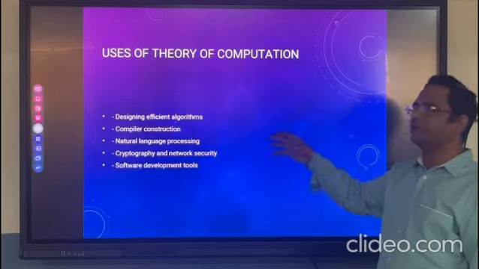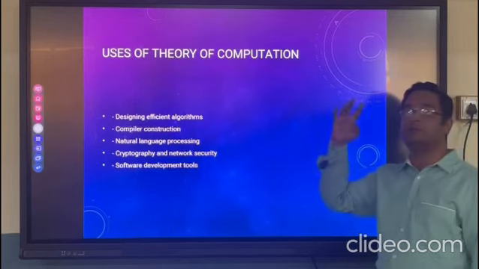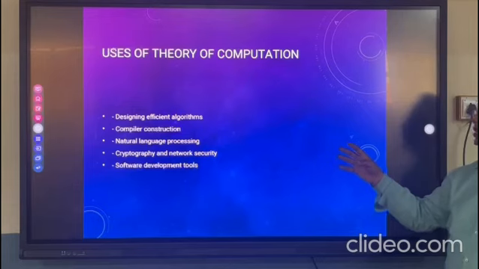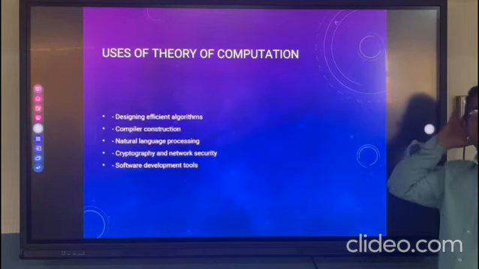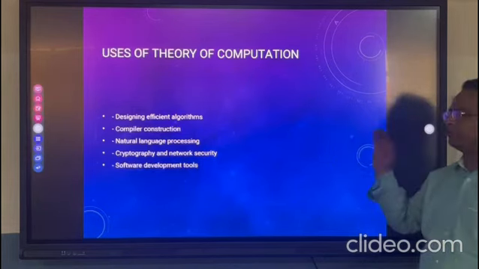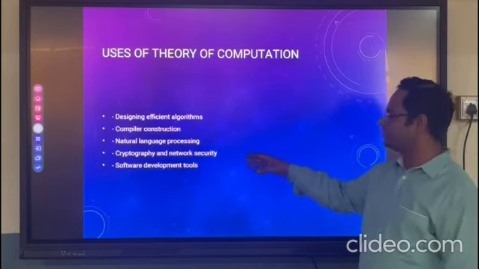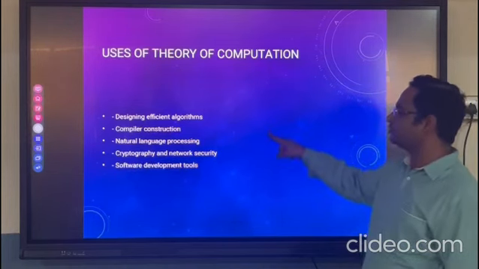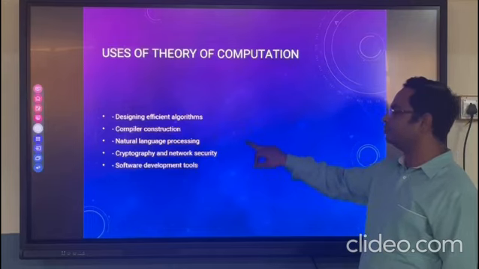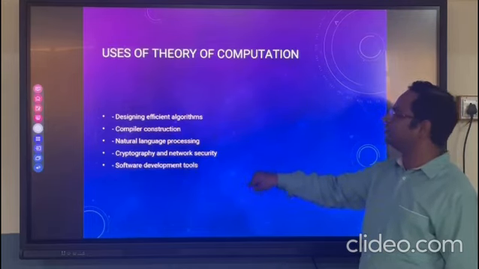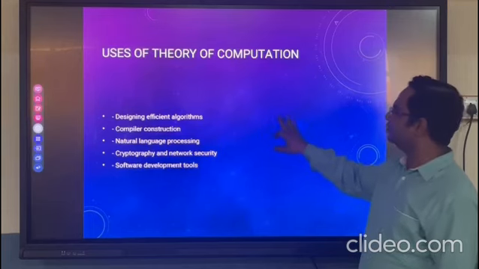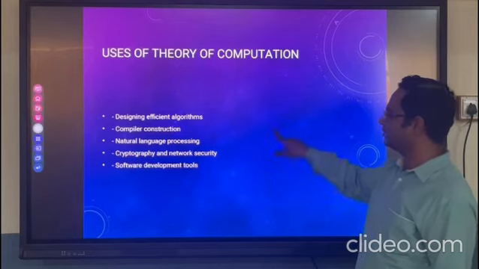And cryptography and network security, the security part in which we use security areas basically needed for the transmission of the input symbols. And software development tools, various kinds of which are used in TOC.